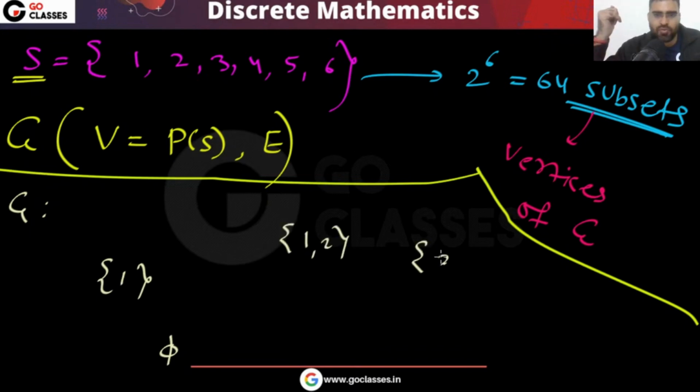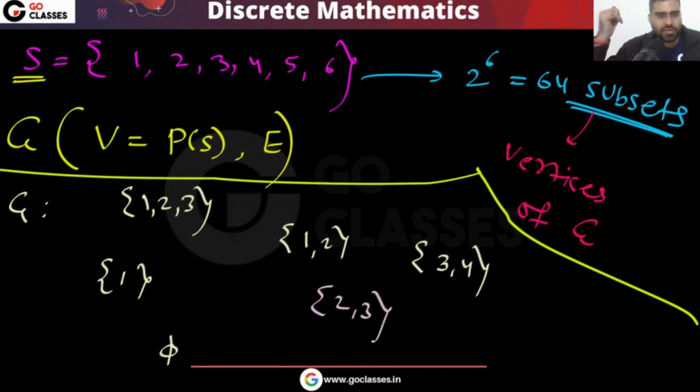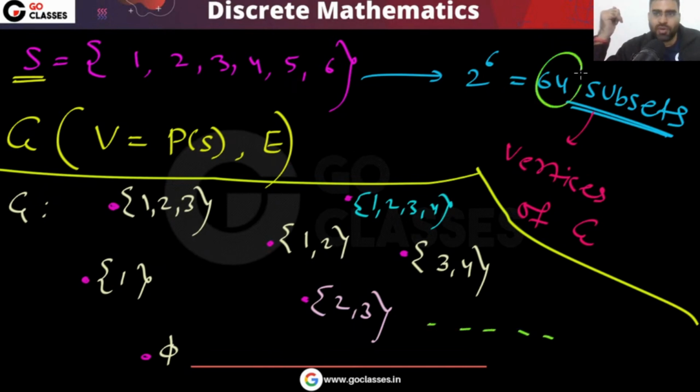This also will be a vertex, 3, 4. Like this 1, 2, 3 will also be a vertex. And for example 1, 2, 3, 4 also will be a vertex. So these are the vertices. Of course there will be many more, total 64 vertices are there.